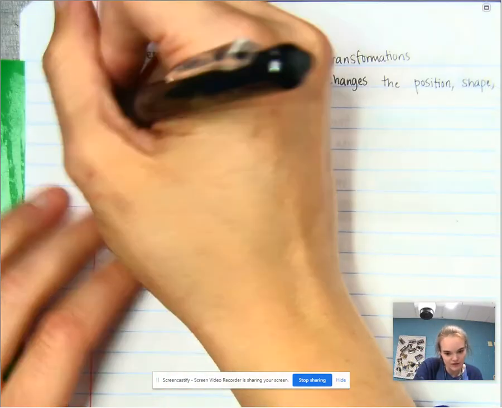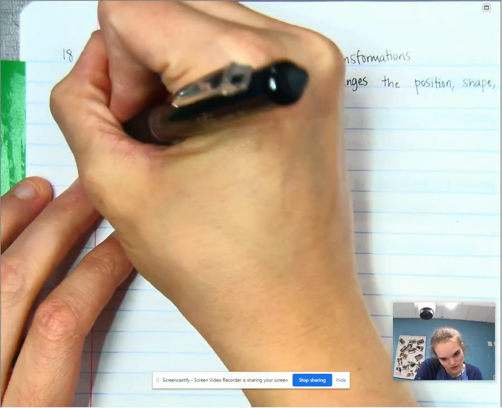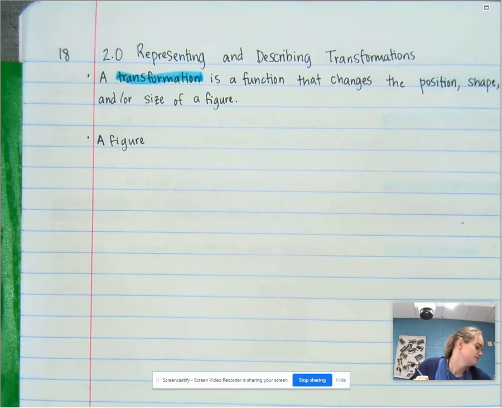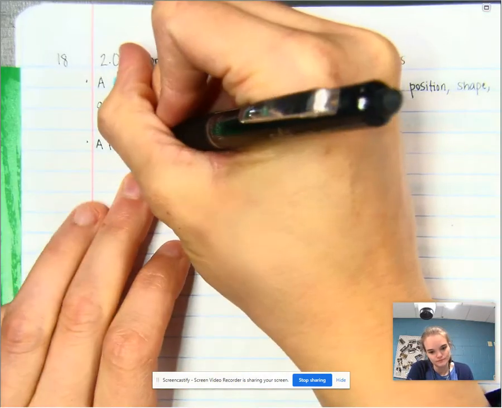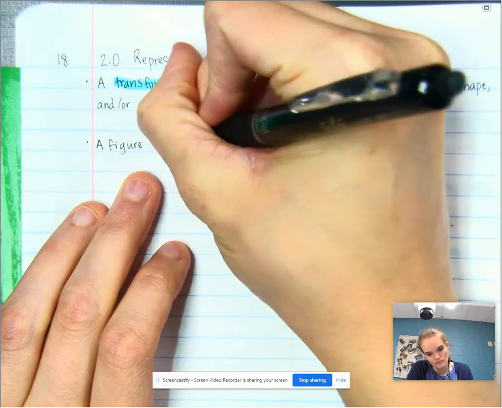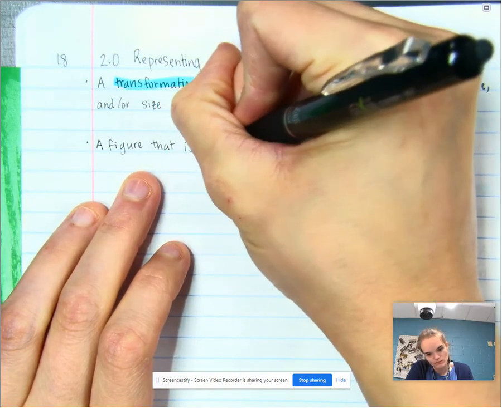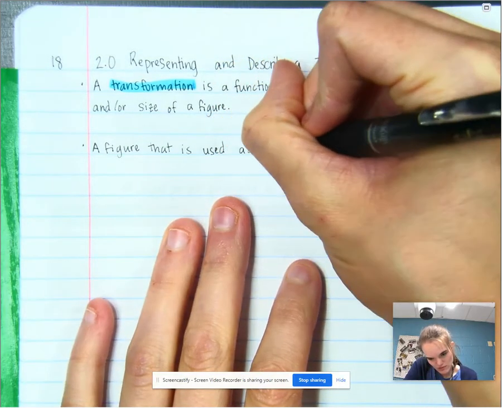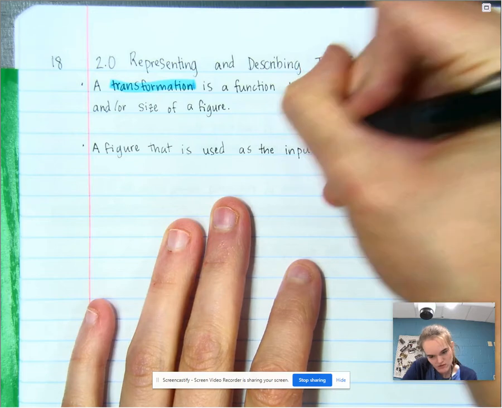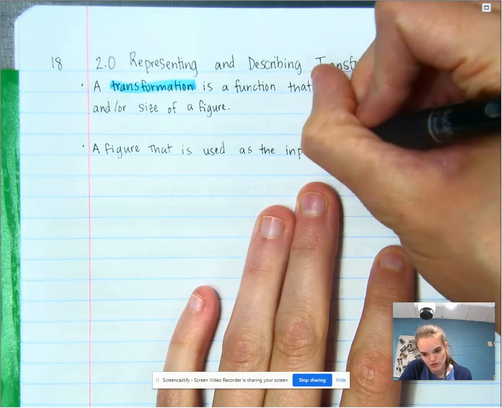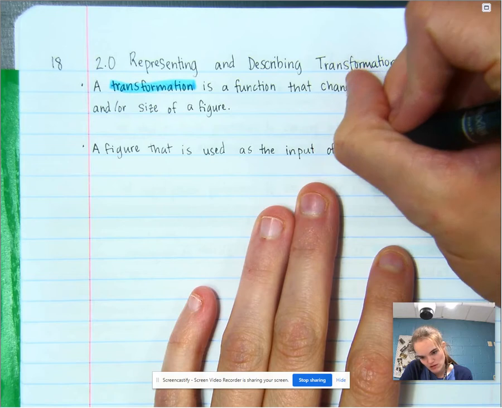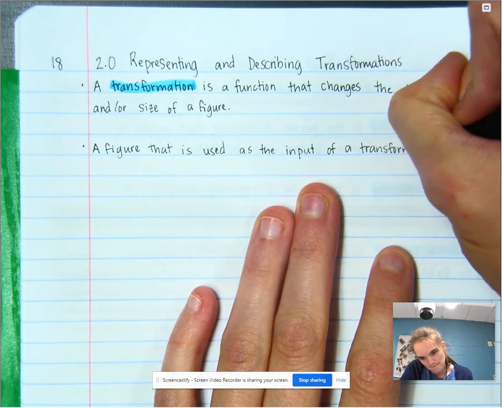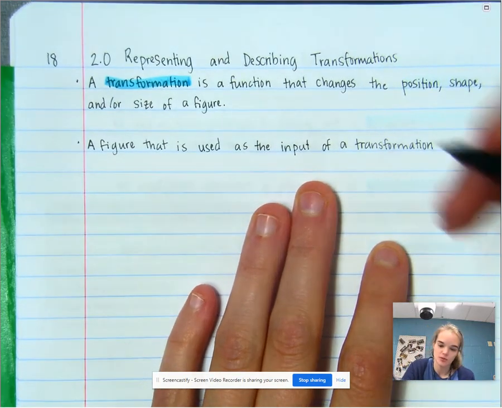All right, next, a figure that is used as the input of a transformation is the pre-image.